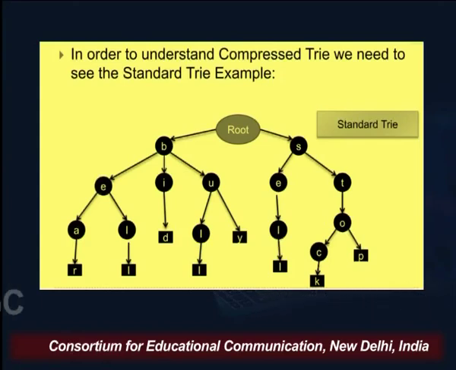Now see what is happening in this particular try. If you can see the string beer, B and E are actually common parts between beer and bell, and after that if we follow the branch of beer, A and R are basically the nodes which are not part of any other words.